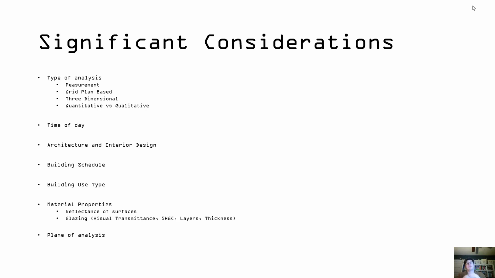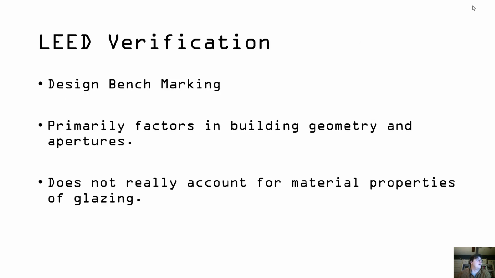What do we think about, let's say, a child's classroom, maybe a K through 5 classroom? Their desks are significantly smaller and sit lower to the ground, but we still want them to have that benefit of daylighting. So a plane of analysis just needs to be considered, realizing that it could vary based upon the type of building and use of a space.